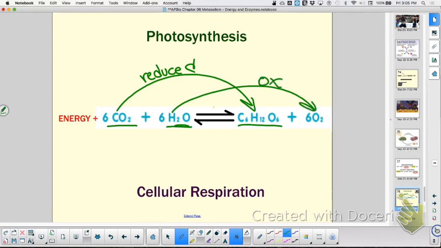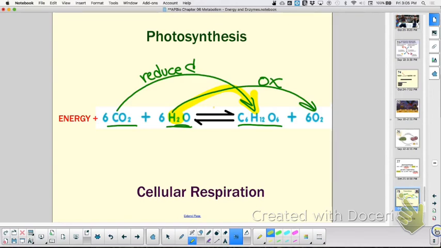Where do the hydrogens come from to reduce the CO2 into glucose? Right there. The hydrogens from water will be used ultimately to reduce the CO2 into glucose.